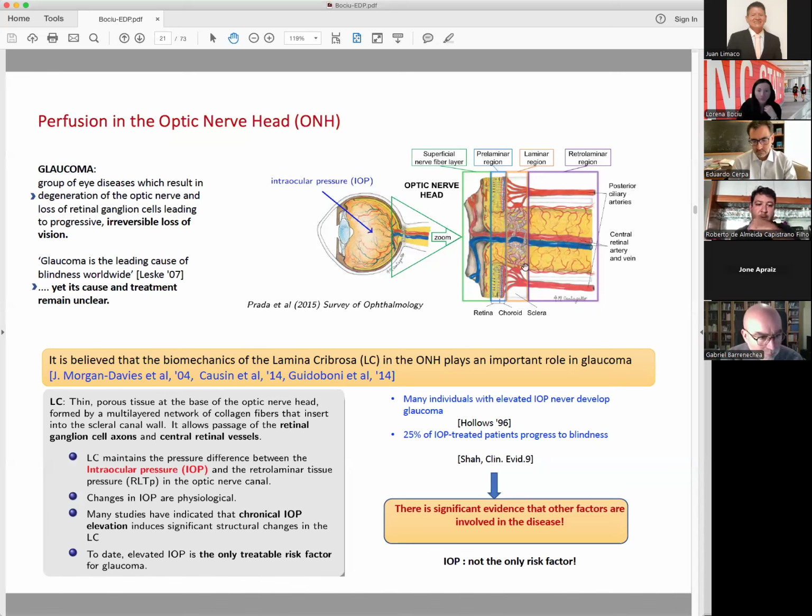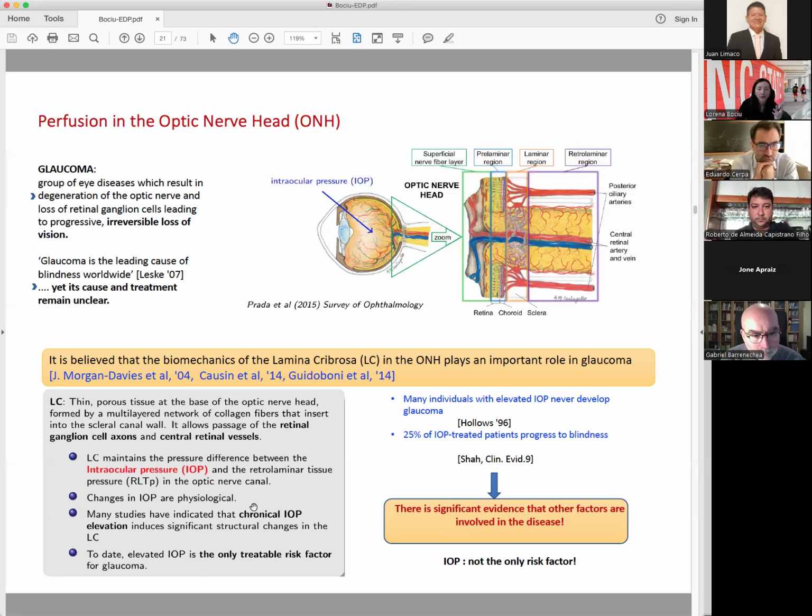the brain. Now it is believed through clinical research that it's the biomechanics of this tissue that plays an important role in glaucoma. Whatever happens here, it could be that they're pinching the axons, it could be that the capillaries inside this tissue break. Somehow this is connected to the development of the disease, okay?